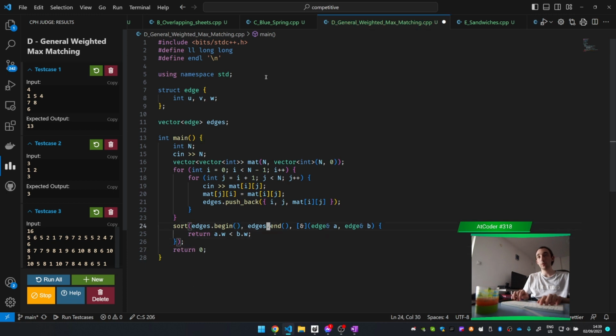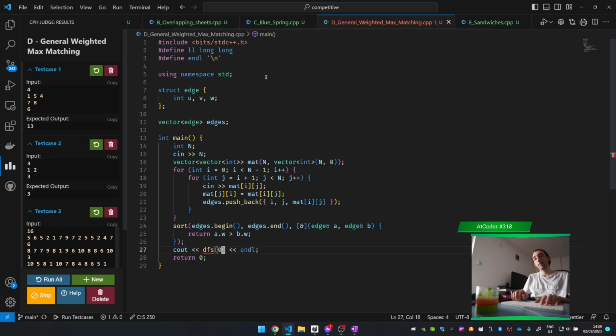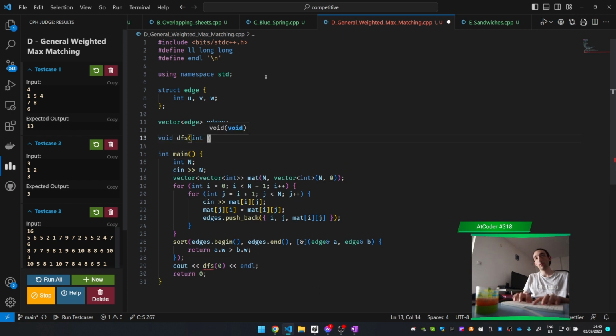The maximum weight first, right? And then I'm at edge 0. What edge am I at, and how much is the cost till now?